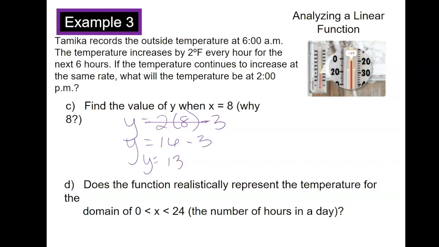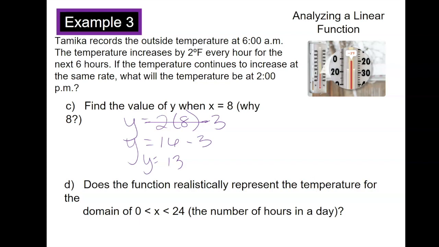So the reason that we're using 8 is because if it continues to grow, we're showing that at 8 hours, we are at about 13. So there's lots of reasons. You guys can just note that down.